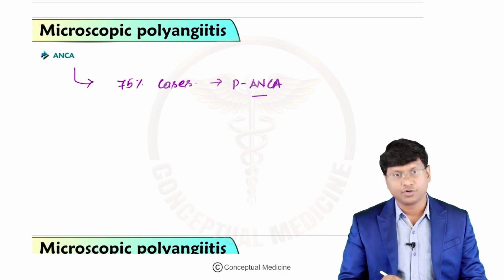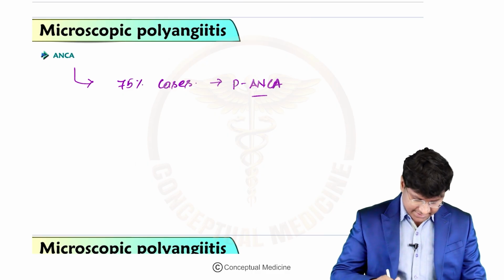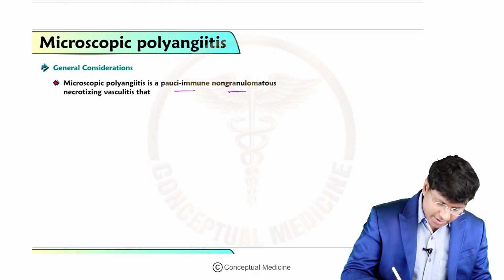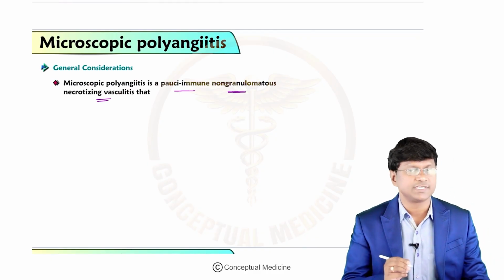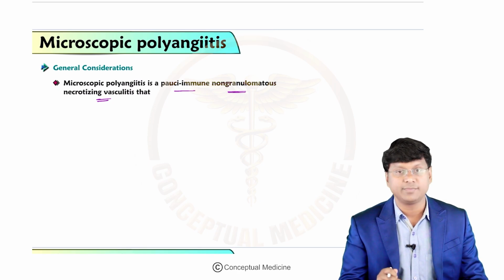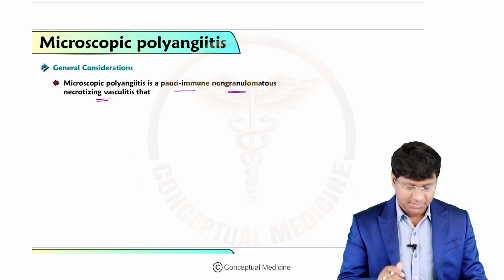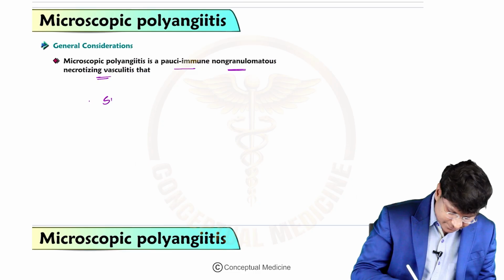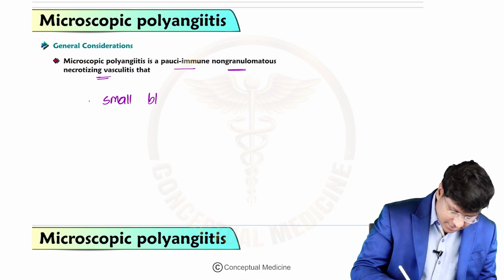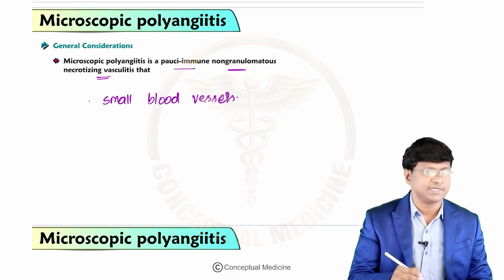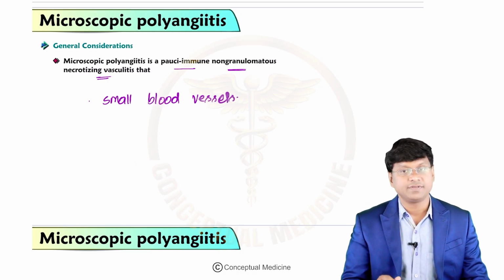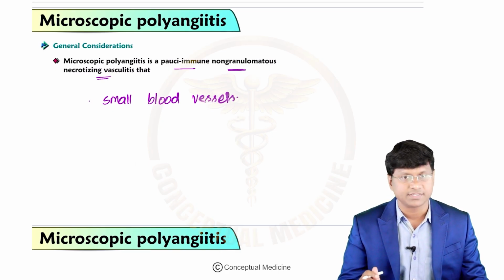Next, microscopic polyangiitis is a pauci-immune non-granulomatous necrotizing vasculitis. So what is the type of inflammation? It is non-granulomatous necrotizing inflammation, and that affects mainly the small blood vessels. Already I have said it is a small vessel vasculitis, and in these small blood vessels you have non-granulomatous necrotizing vasculitis.